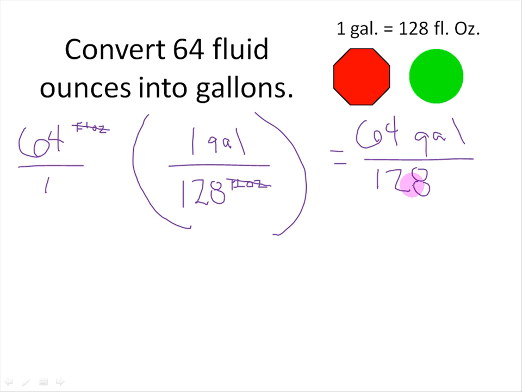And this is a pure number because I've canceled the units, so I just have 1 times 128. Now, that could be rewritten as 64 over 128 gallons. And if you do the top in, bottom out on this, you would come up with it's exactly 1/2 of a gallon.